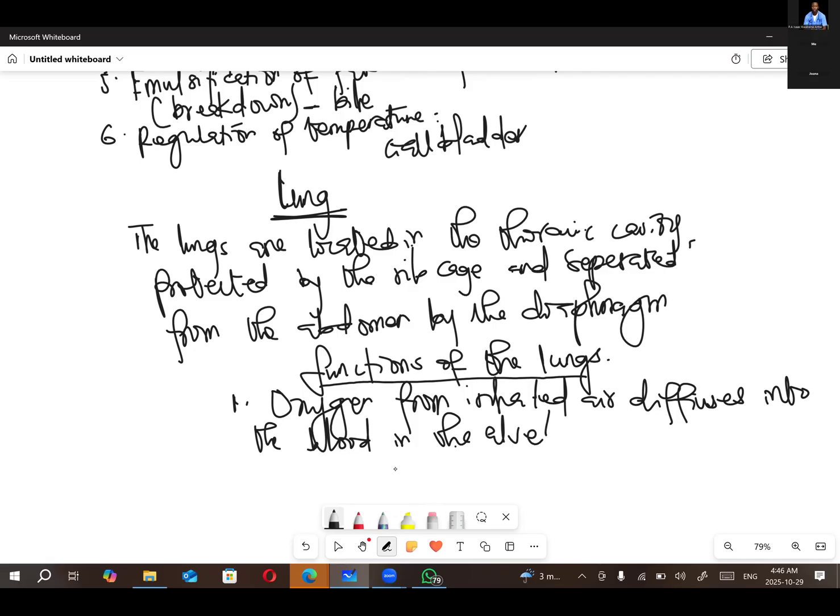The lung is connected to respiration. So you breathe in air from your nostrils, right? Then it goes through your bronchioles, then straight to your alveoli.